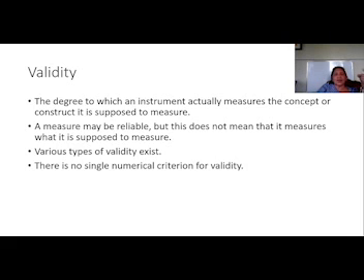There are various types of validity that exist, but there is no single numerical criterion for validity. Unlike sa reliability, pag mataas ang reliability coefficient, correlational coefficient, then it has the numerical criterion.